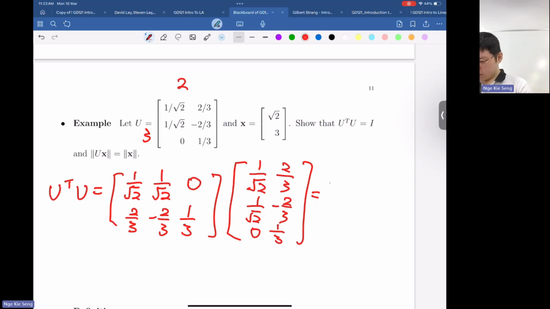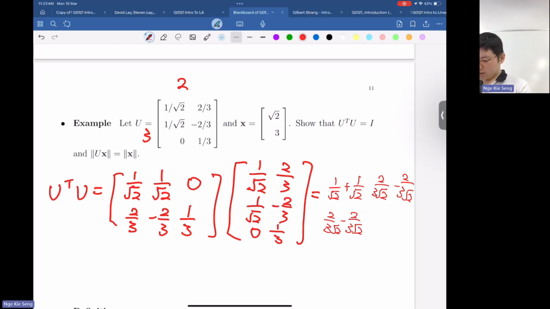The first term you should get is 1 over square root 2 plus 1 over square root 2. For the other one you should get 2 over 3 times square root 2 minus 2 over 3 times square root 2.